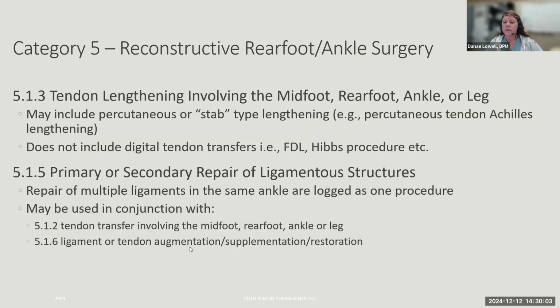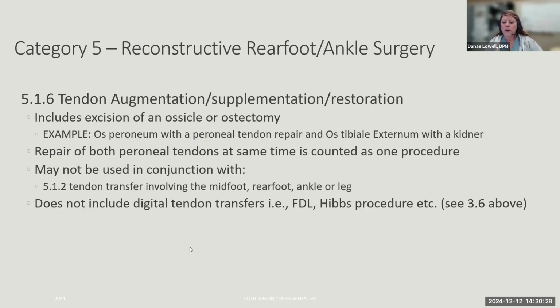5.13 is where you would log TALs performed, including percutaneous procedures. This is the only percutaneous procedure that is not logged under category 6. 5.15 can be used once per ankle to encompass repair of multiple ligaments and can be used with tendon transfers or augmentation. 5.16 is used when tendons are augmented or restored and does include excision of the associated ossicle, such as the examples provided here.